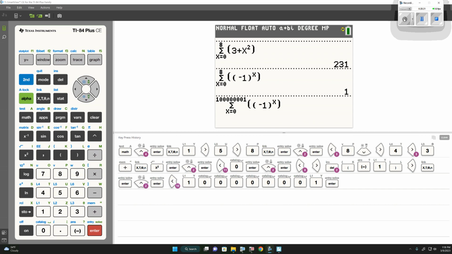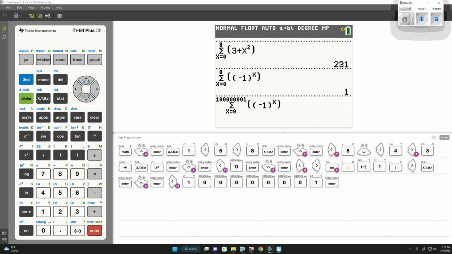Well, all we're doing is taking -1 to a power, and even powers are going to be +1, and odd powers are going to be -1. So essentially what it's doing here, so -1 to the 0 would be 1. -1 to the first would be -1. So we have 1 plus -1 plus 1 plus -1 going back and forth.